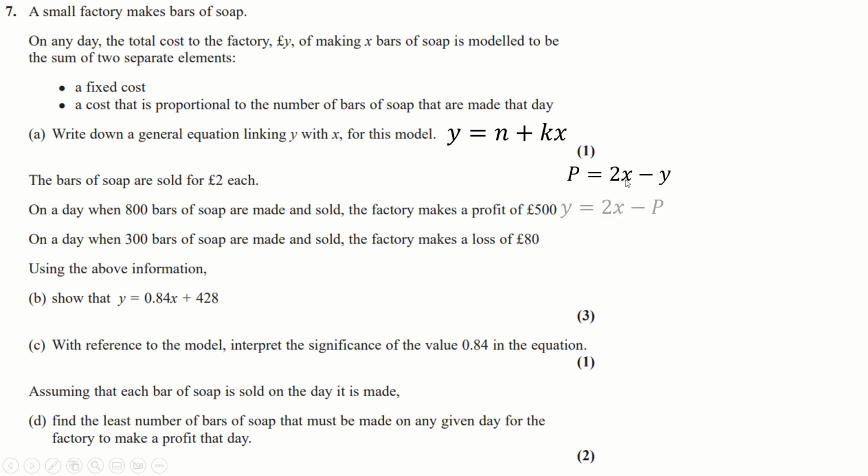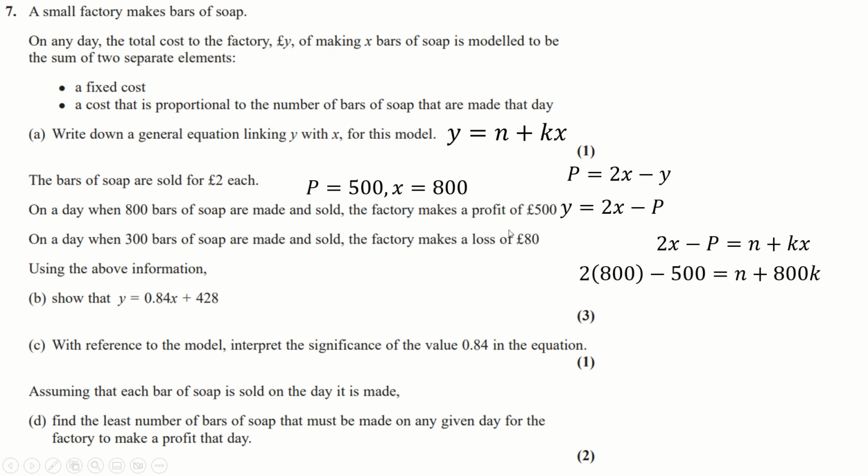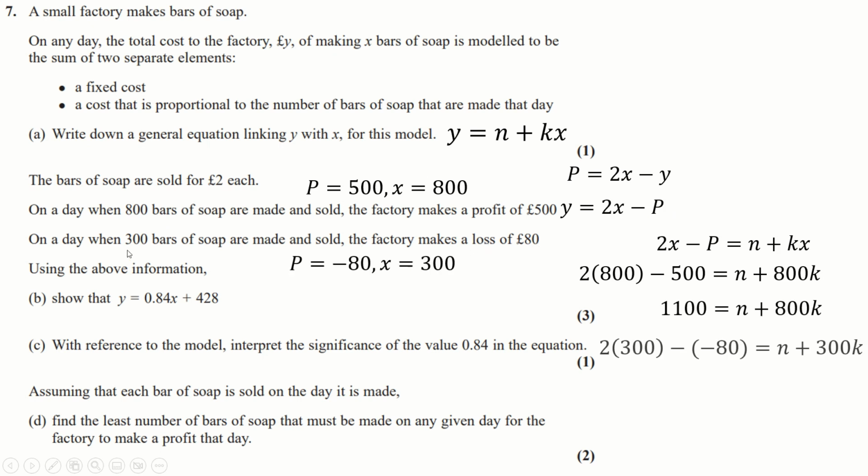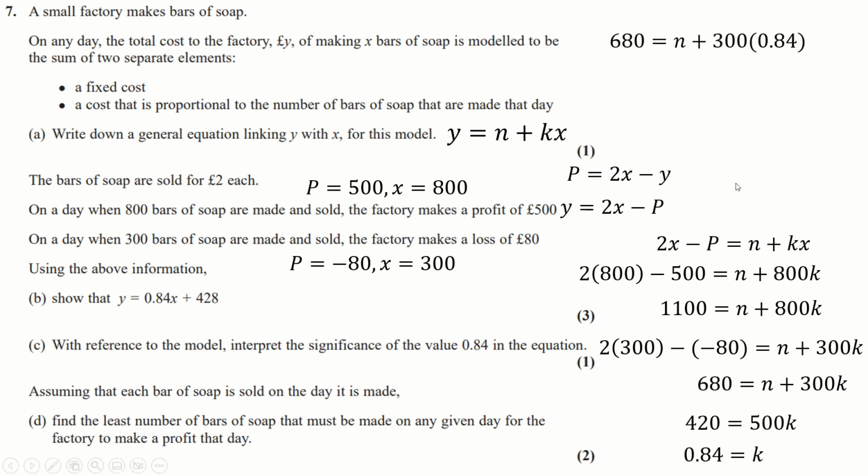And of course we can rearrange this to make y as this. Then I put this equal to that, and put in these figures. So I said profit is 500 here and x is 800, and then profit is minus 80, just read this carefully, and x is 300, and we'll get this. Then we can do this minus this, and solve for both of these. We can put it back in to find n as well.